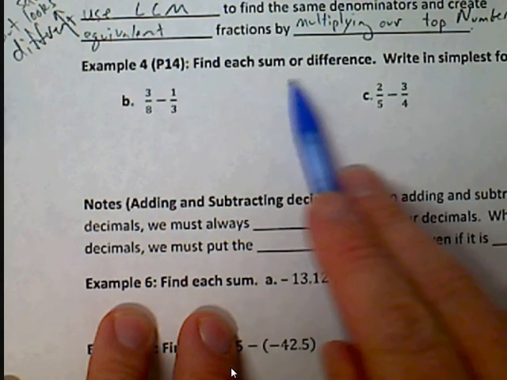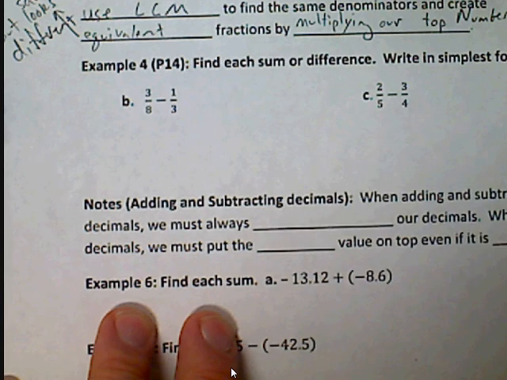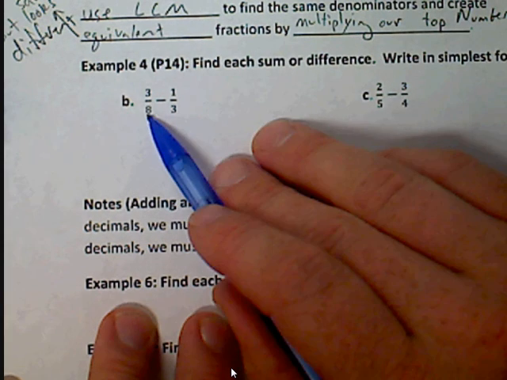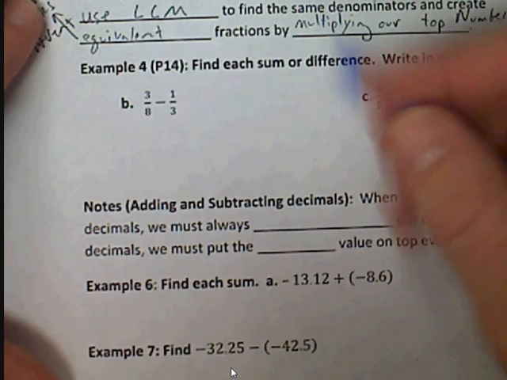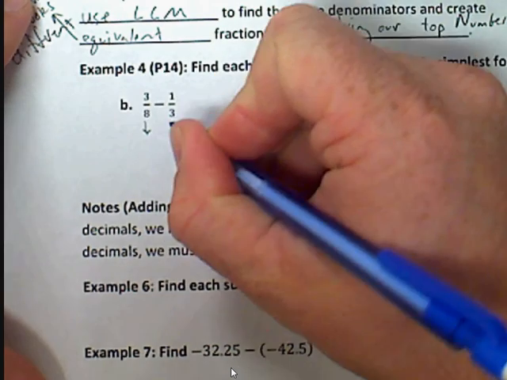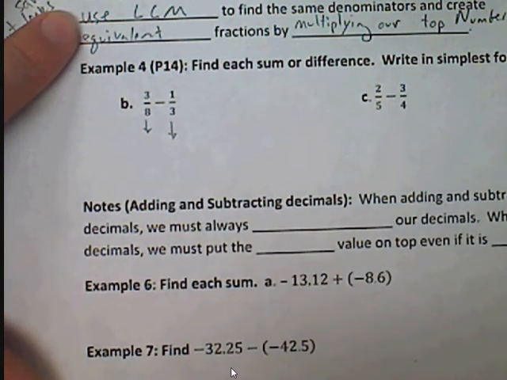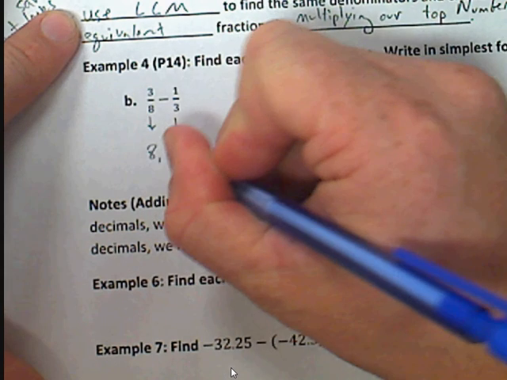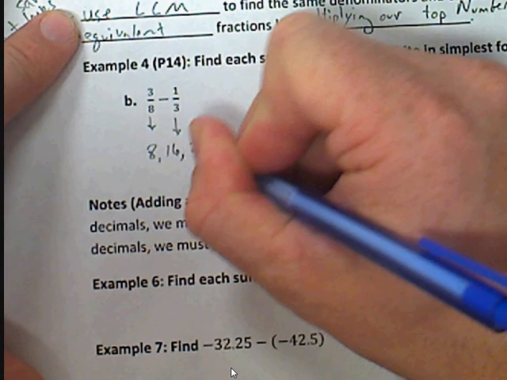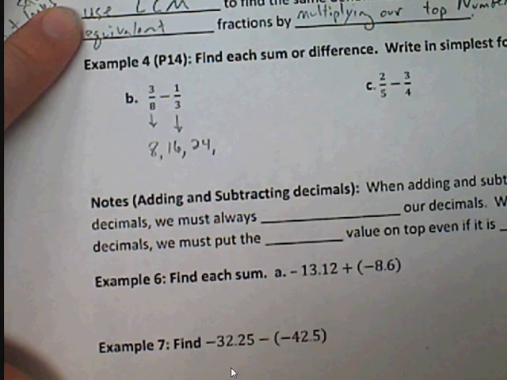Find each sum or difference, write in simplest form. 8 and 3 are different, which means we have to use our LCM, least common multiple. So if I were to count by 8 and count by 3, what is the first number they have in common? 8, 16, 24, so on and so forth.